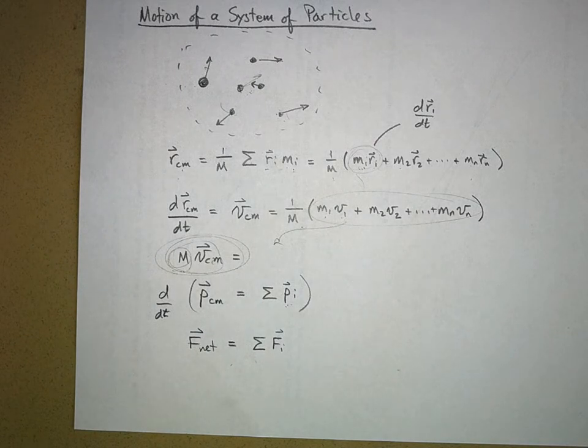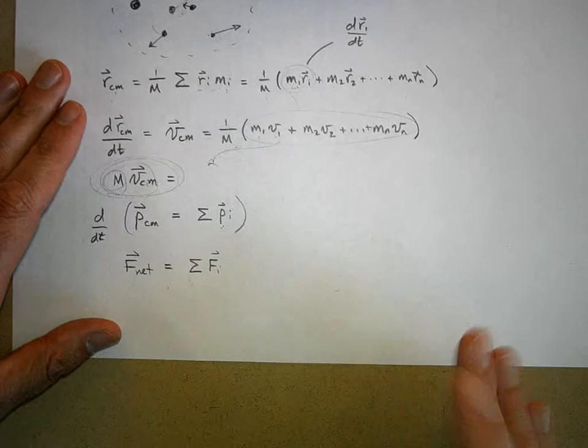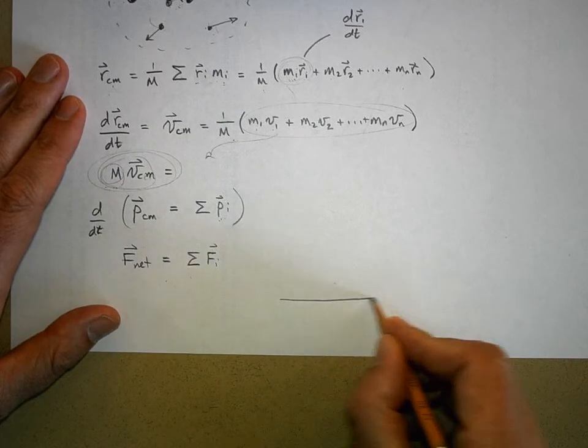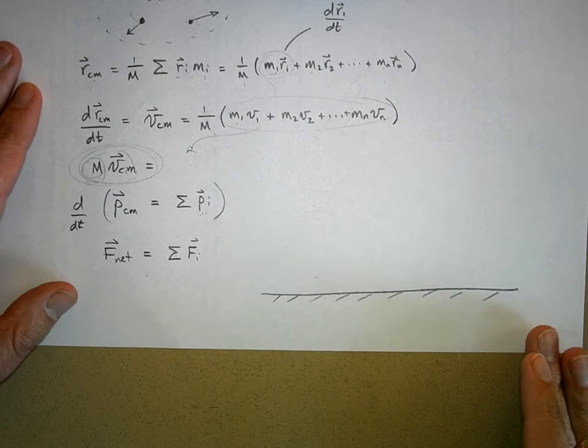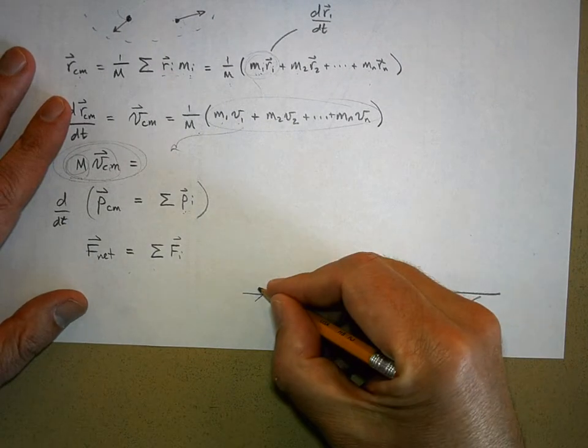So now here's a really interesting example of that, and that is an exploding projectile. Which is kind of morbid. But let's say I've got a flat plane like this, and I launch a projectile.